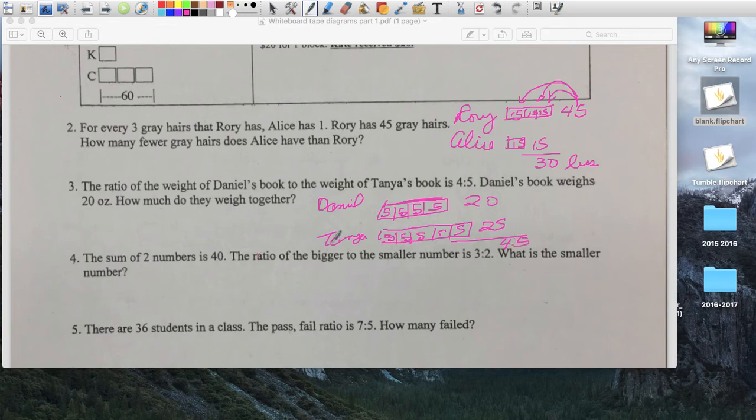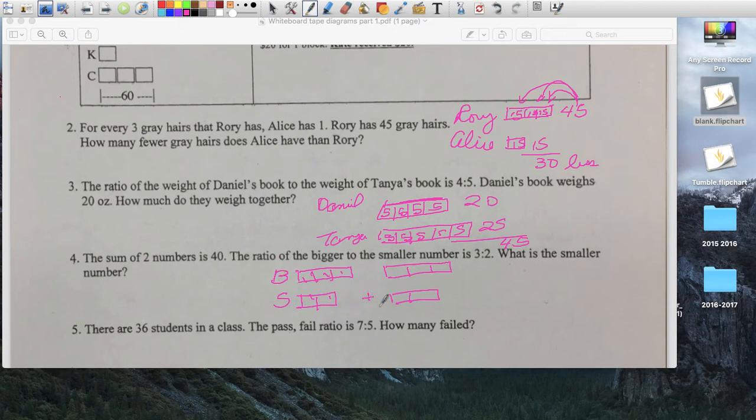The sum of 2 numbers is 40. Ratio: here's a big number, which is 3, and a small number, which is 2. 3 to 2 is represented, so I'm going to draw it again: 1, 2, 3 and 1, 2. I know the sum of these numbers.